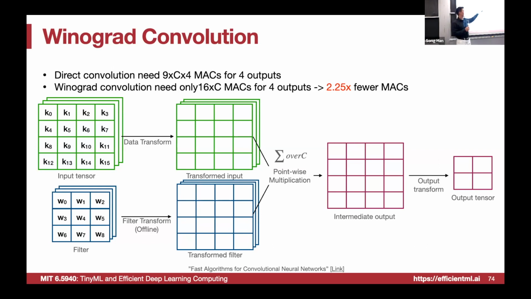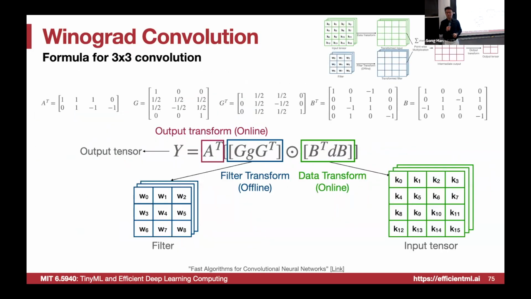And here we just do an element-wise product over the C channels, which gives you only 16 times C multiplications. So 16C compared with 36C, that's 2.25x fewer MACs. And finally, we do an output transformation, which is again just shift operations. We can get the final 2x2 output tensor.